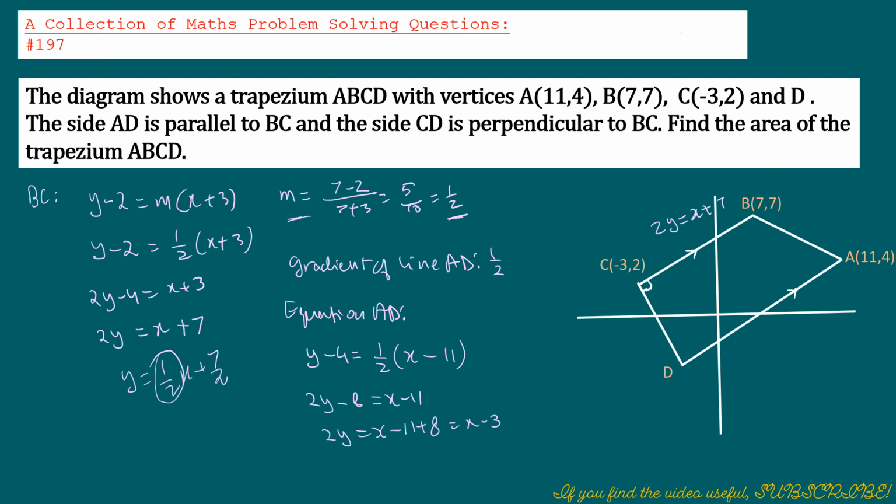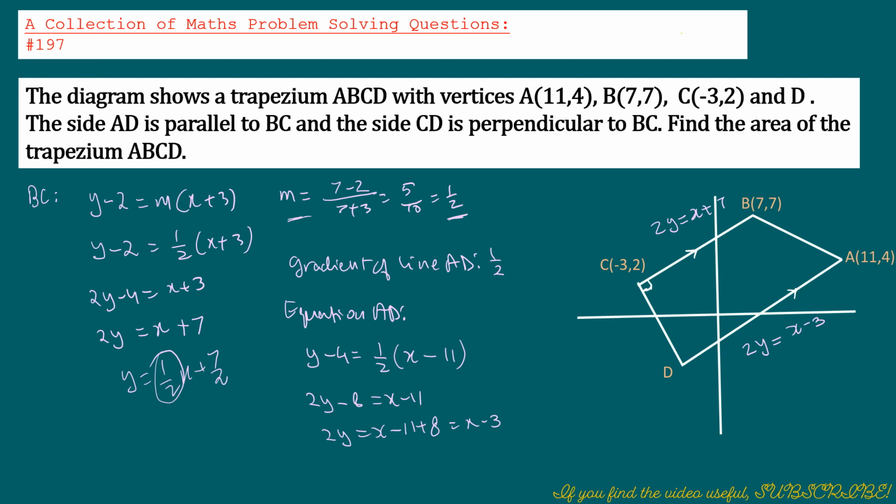So 2y equals x minus 3. So we have the equations of the lines BC and AD.